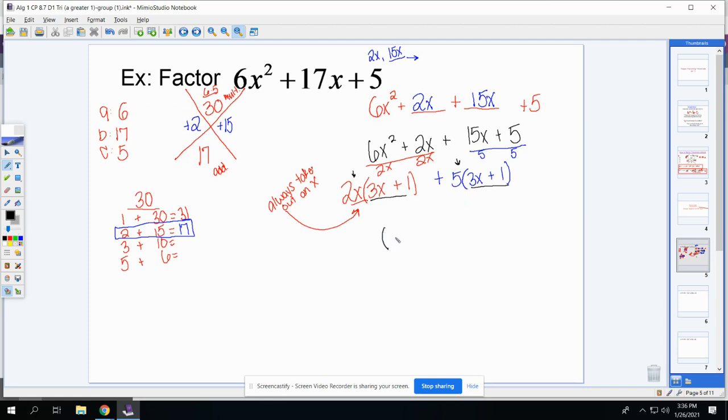The last step is to combine these parentheses, 3x plus 1, and then take the other two terms, 2x plus 5, and combine those as well. So 3x plus 1 times 2x plus 5. That's the final answer.